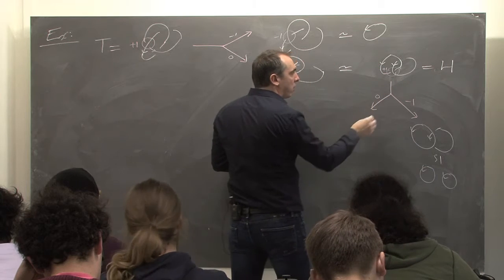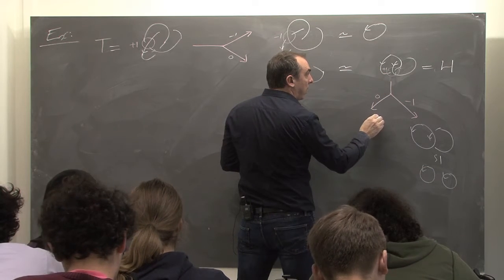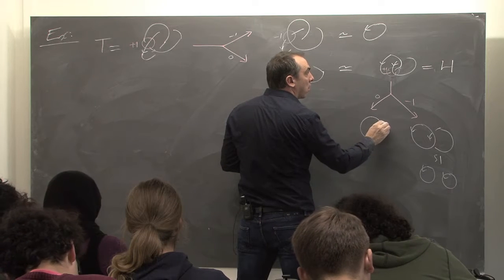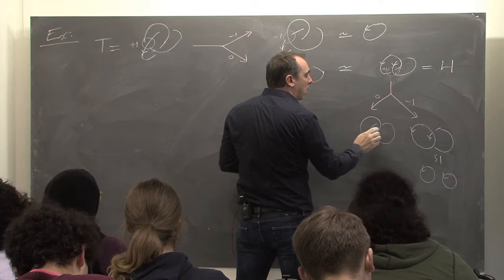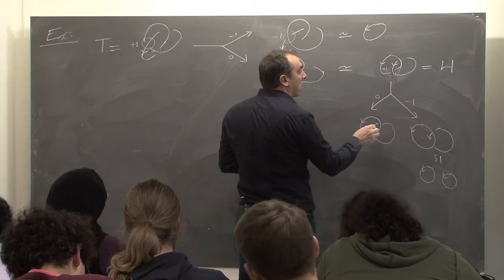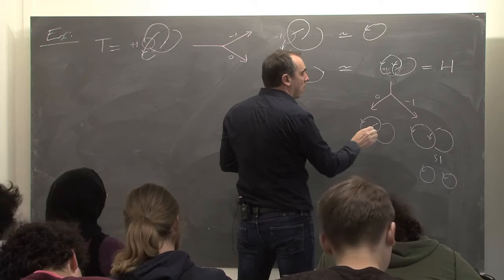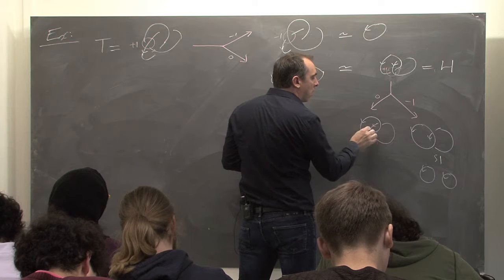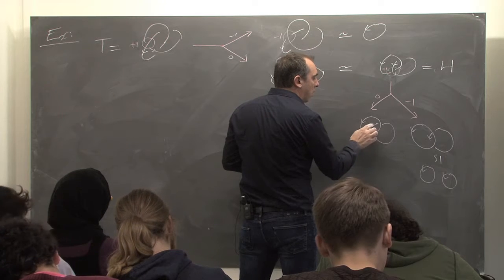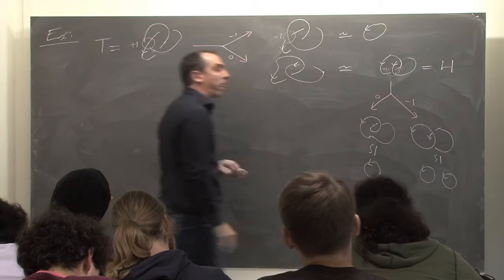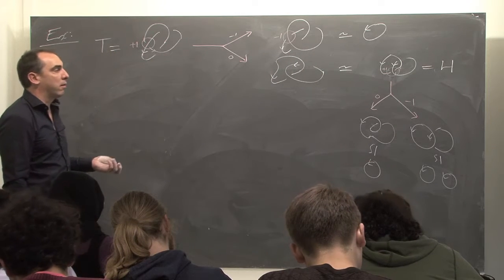And if I smooth the crossing, I will obtain this, which is isotopic to the unlink.